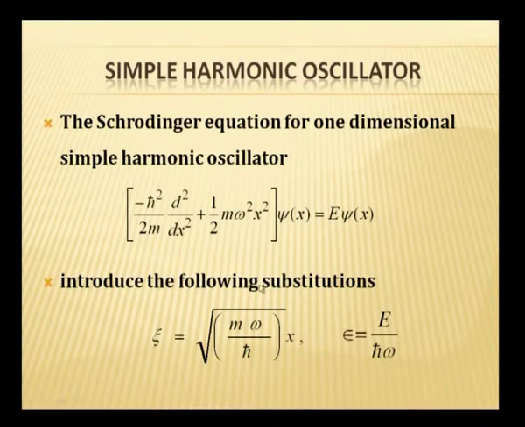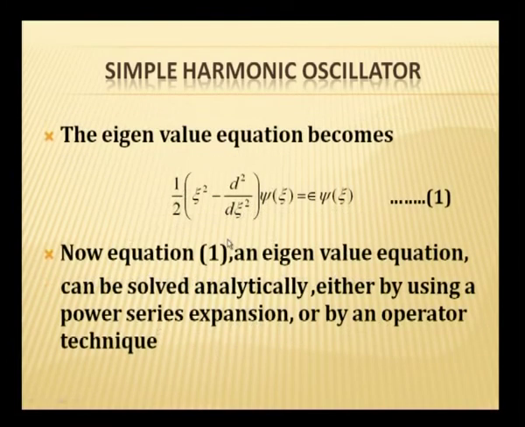After making these substitutions, the expression gets simplified into the following form: half into epsilon squared minus d squared by d epsilon squared, multiplied by psi of epsilon. What is epsilon? Epsilon is the position coordinate.